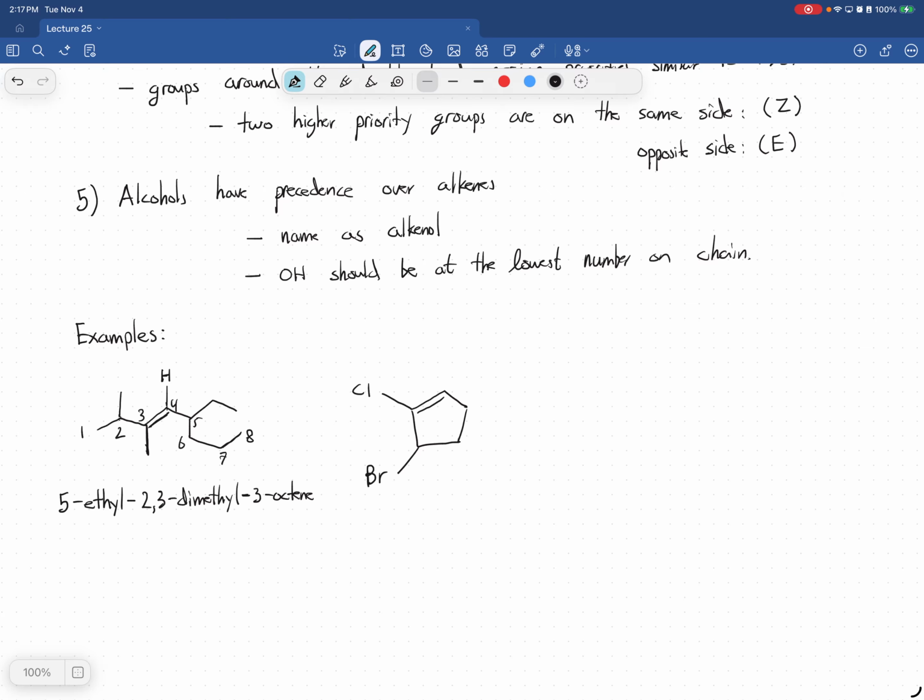All right, we got cyclopentene. Good. So remember, the cyclopentene always starts at the 1 position. Well, let's think about this one. If we number it here, 2, 3, 4, 5.